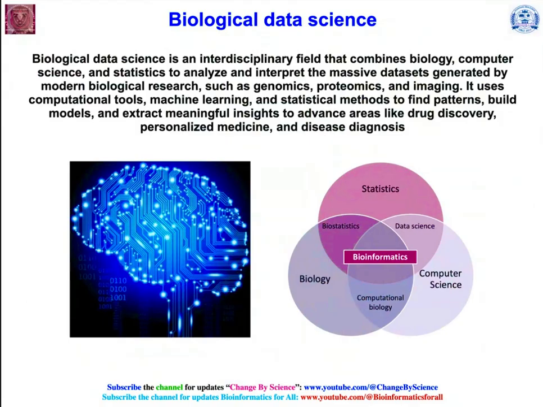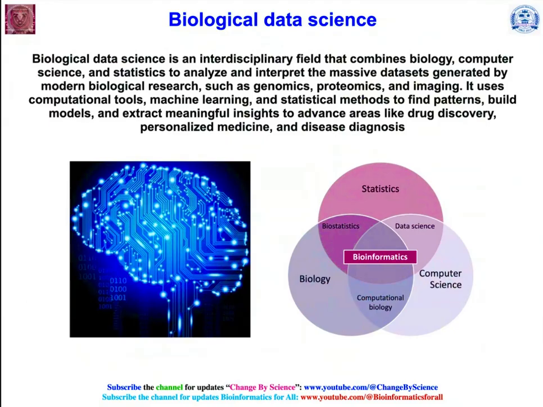So, biological data science is an interdisciplinary field that combines biology, computer science, and mathematical science to analyze and interpret the massive data sets generated by modern biological research, such as genomics, proteomics, and imaging. It uses computational tools, machine learning, and statistical methods to find patterns, build models, and extract meaningful insights to advance areas like drug discovery, personalized medicine, and disease diagnosis.